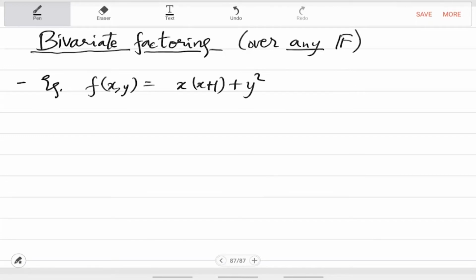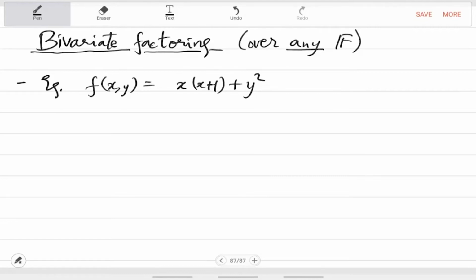plus 1. But that is really no good, because that doesn't really tell you for sure whether the factors x and x plus 1 of f mod y really correspond to factors of f without any mod, absolute factors.